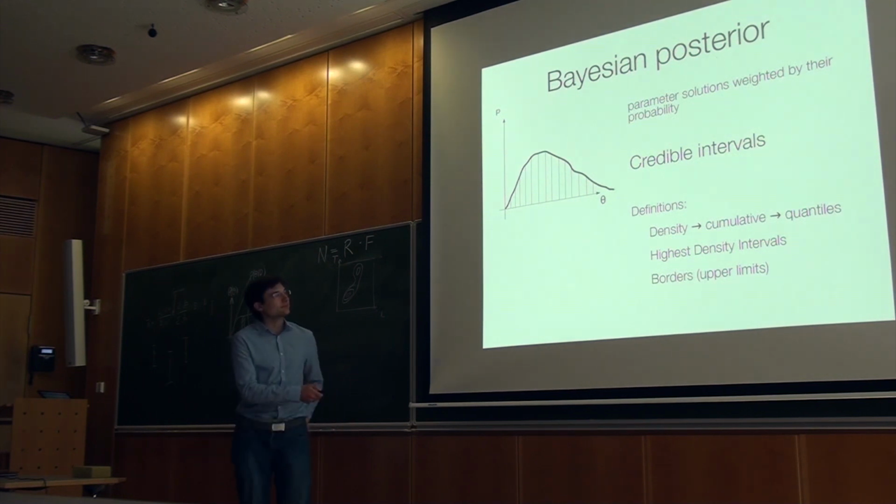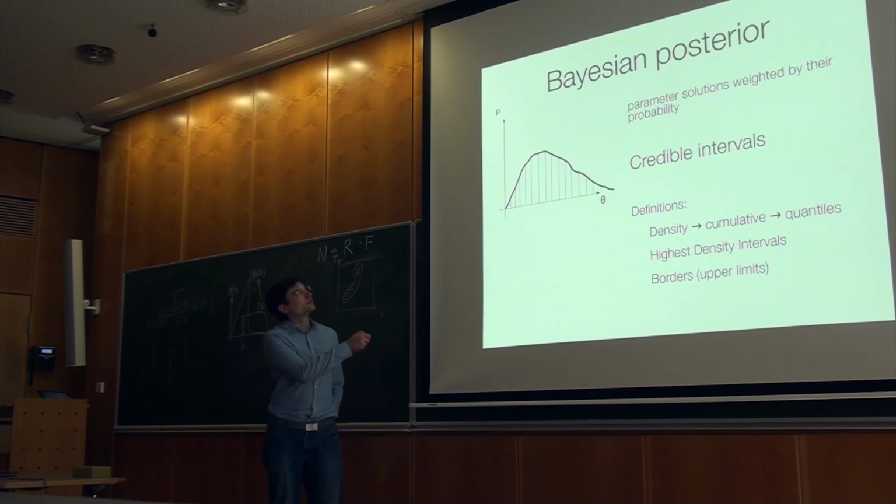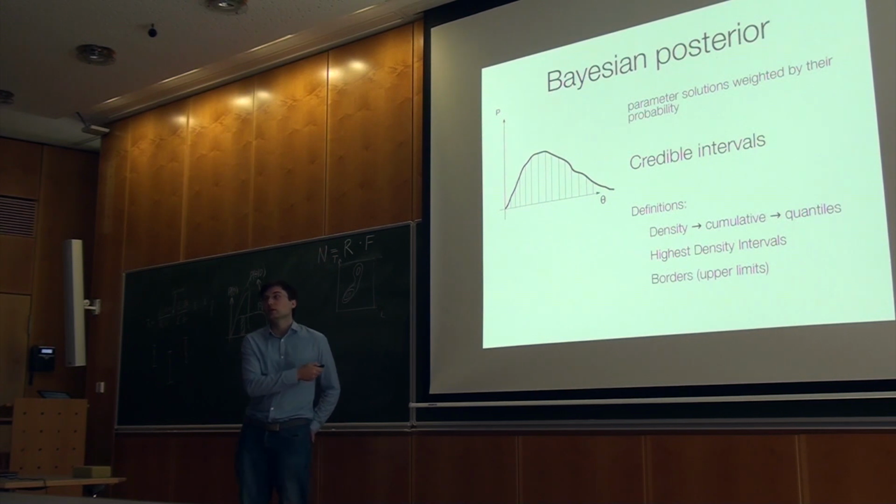Okay? And there are a couple of definitions. You could start at the peak, you go down, you make it larger and larger until you have 90% of that area. That is called the highest density interval. Or, now that this is a probability density distribution, you can also make a cumulative plot of this, and then read off the quantiles.